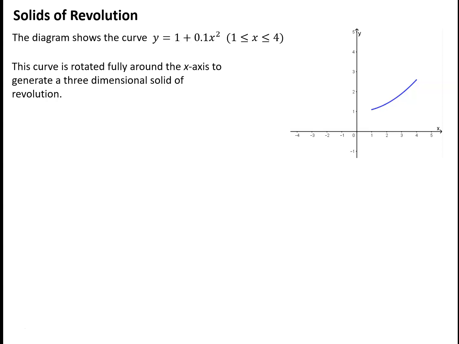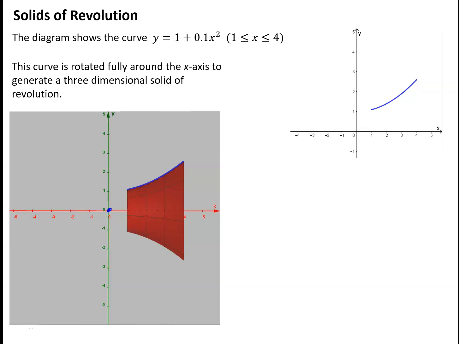And we're going to rotate this curve fully around the x-axis to generate a three-dimensional solid, which is called a solid of revolution. So when we rotate the curve by 360 degrees around the x-axis, we're going to obtain a shape looking something like that if we're looking from the side on.